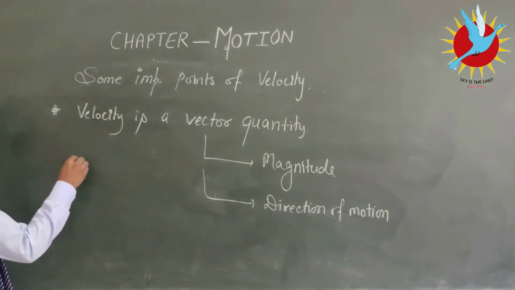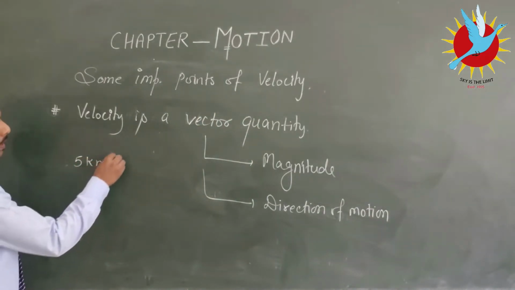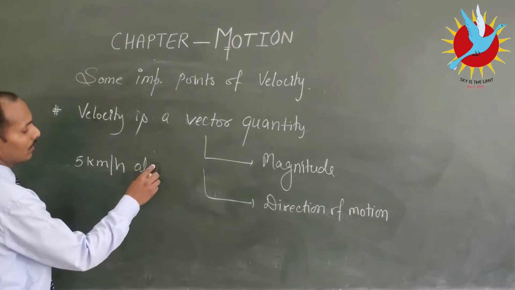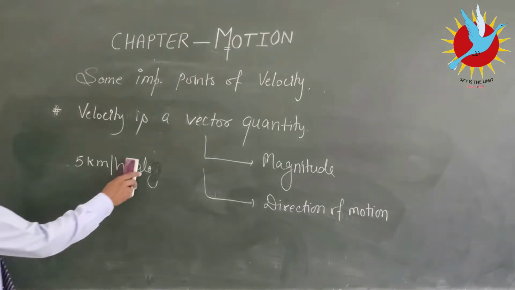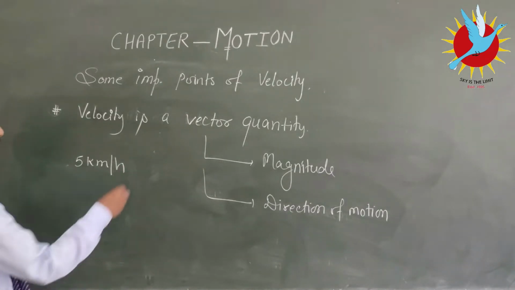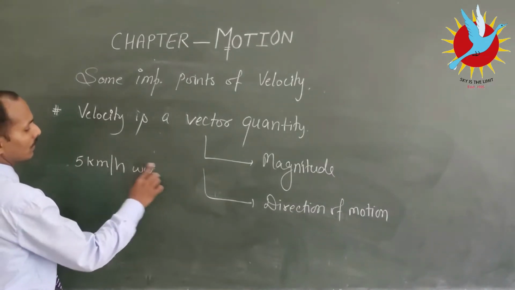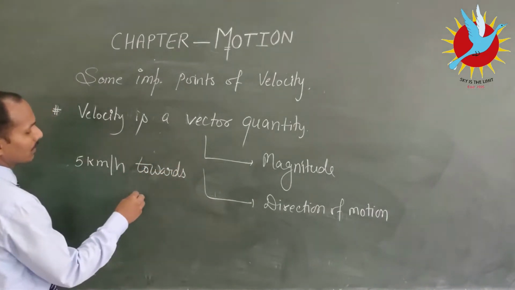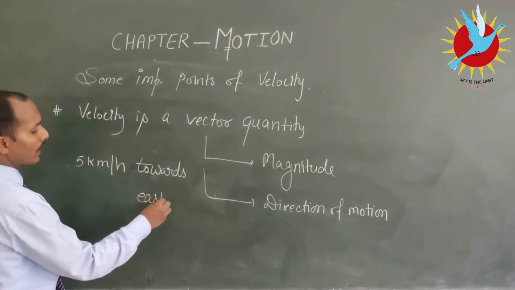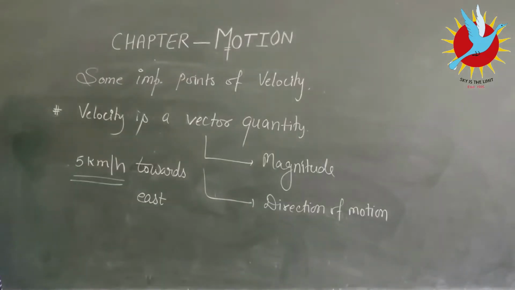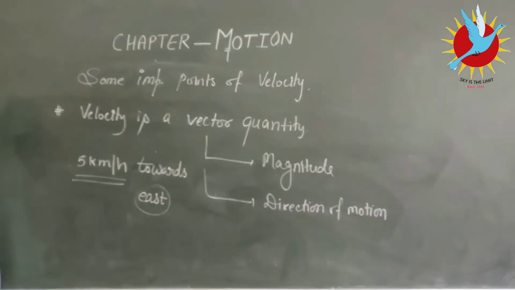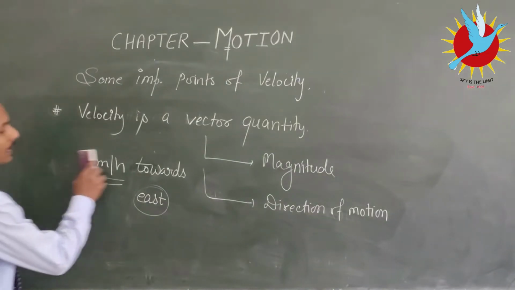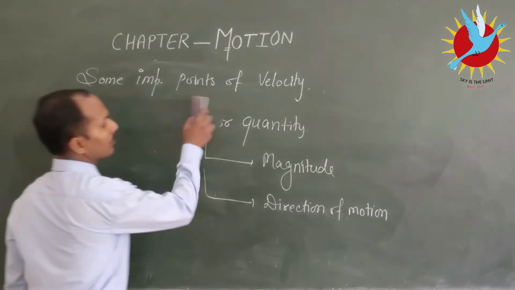For example, 5 kilometer per hour towards east. Here 5 shows the magnitude and east shows the direction, towards east.